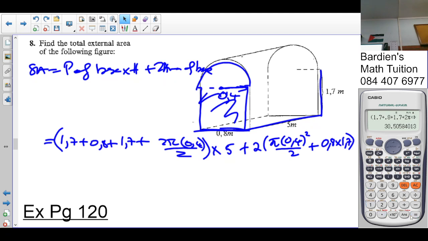That gives you 30.51 meters. Who got that right? No? Where did you go wrong? Bring your book, let's see.